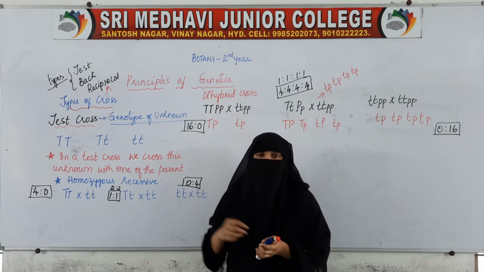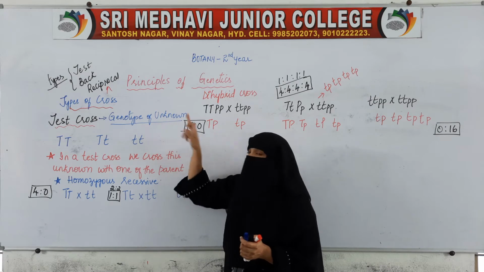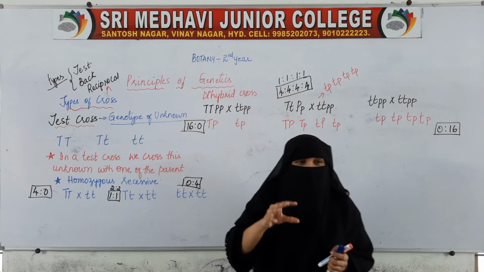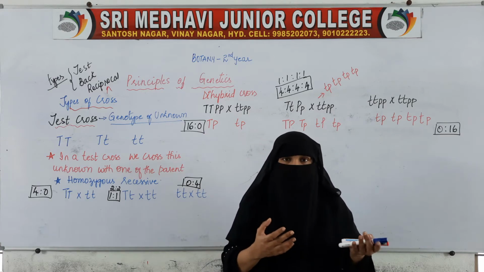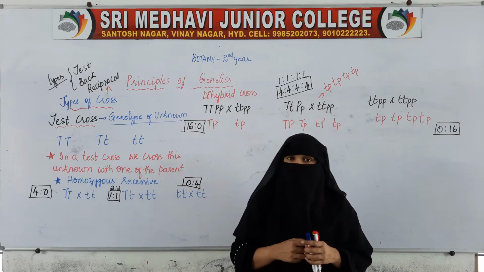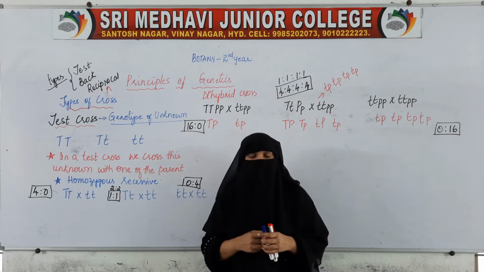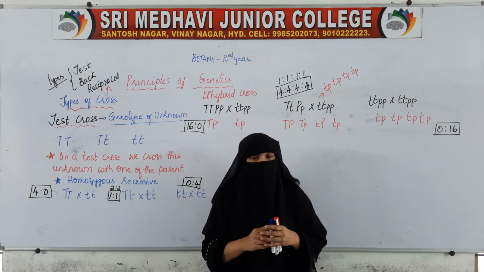Why do we do this test cross? To know the genotype of the unknown. A ratio will be given. For example, new plants have been produced, and all four of them are tall.